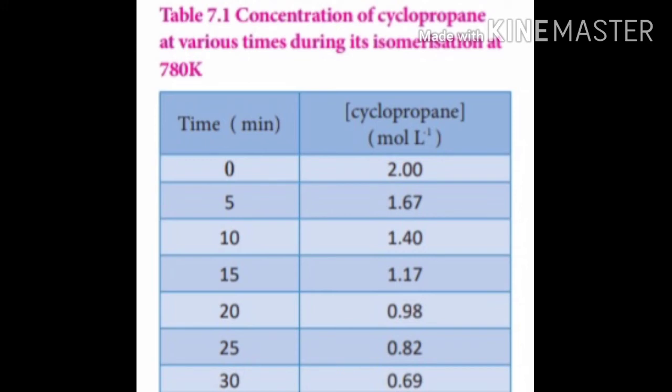Time in minutes versus cyclopropane in mole per liter: at 0 minutes, 2 mole per liter; 5 minutes, 1.67; 10 minutes, 1.40; 15 minutes, 1.17; 20 minutes, 0.98; 25 minutes, 0.82; and the last, 30 minutes, 0.69 mole per liter.